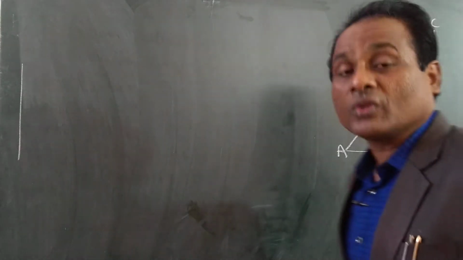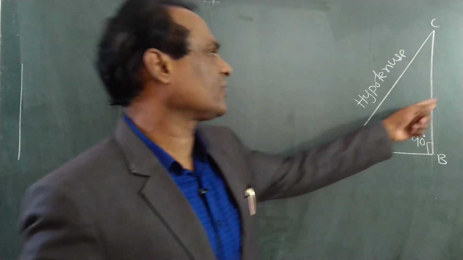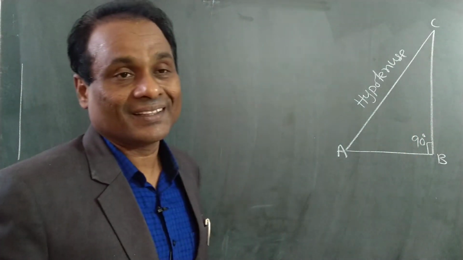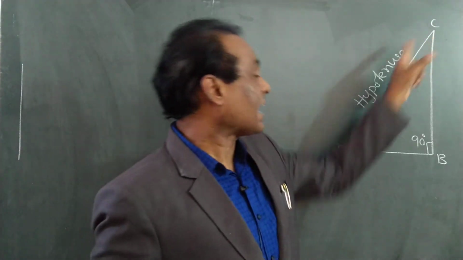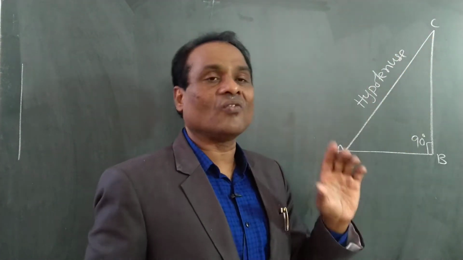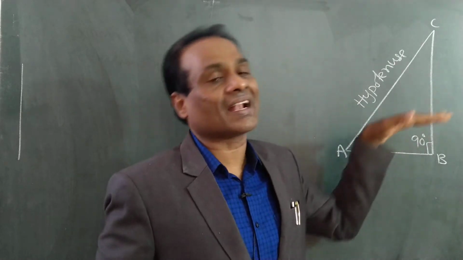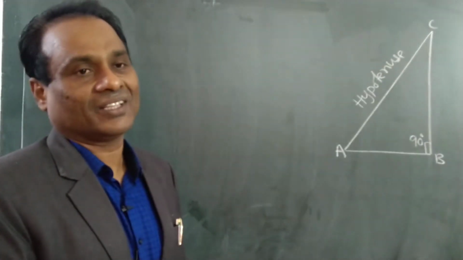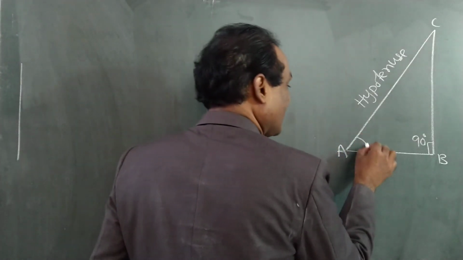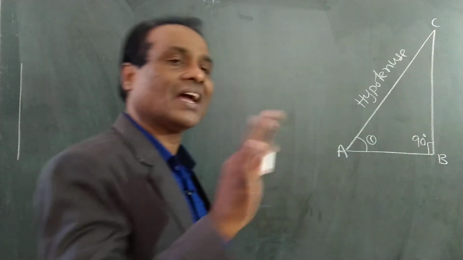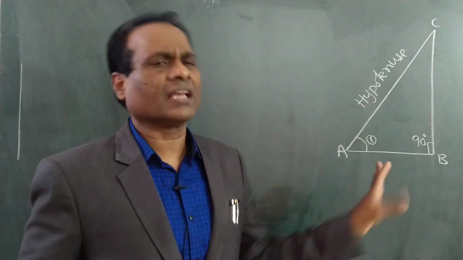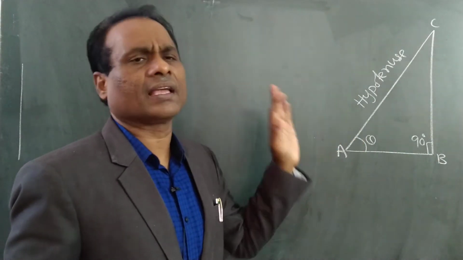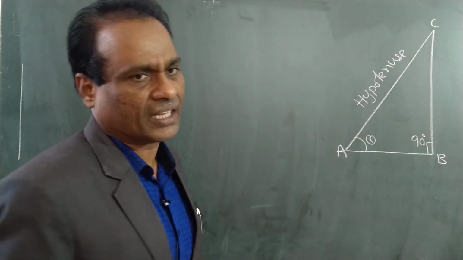The remaining two sides normally are called sides. But with respect to the angles, we call one side the opposite side and the other side the adjacent side. Suppose we are taking this angle, and I am denoting it as theta, some angle, 30 degrees or 20 degrees.